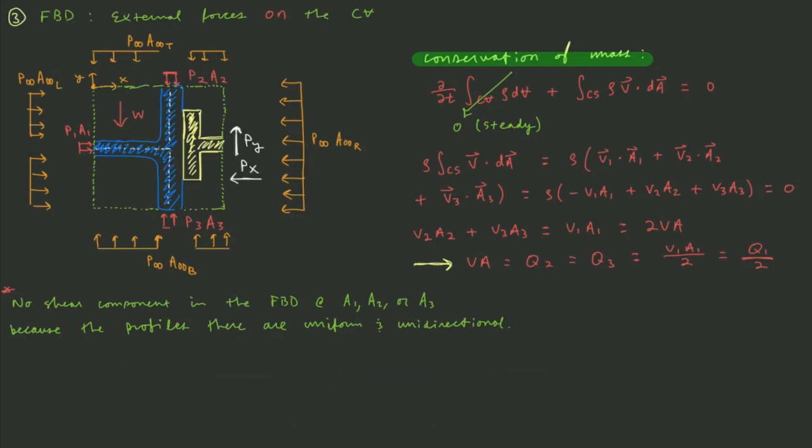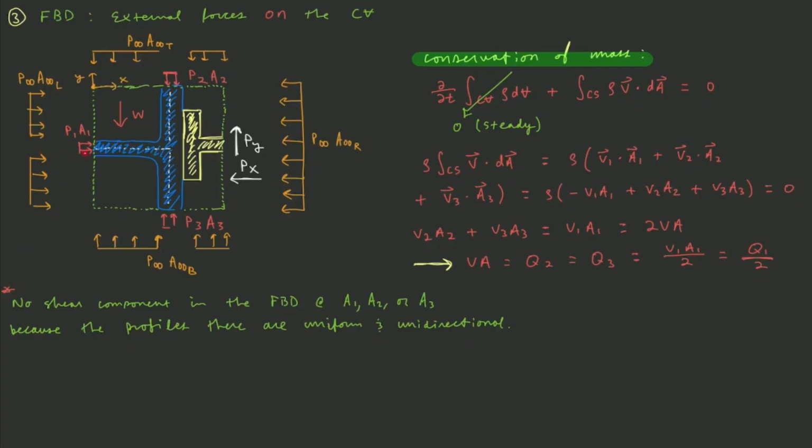The next question is, how do we get these signs? Remember from the derivation of Reynolds Transport Theorem that the normal area vector is defined as positive outward. So whenever your velocity vector is in the same direction, your dot product is positive. Whenever your velocity vector is in the opposite direction, your dot product is negative. Let's look at A1 here.